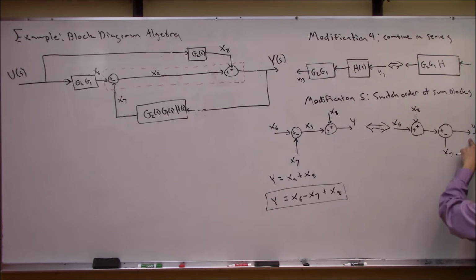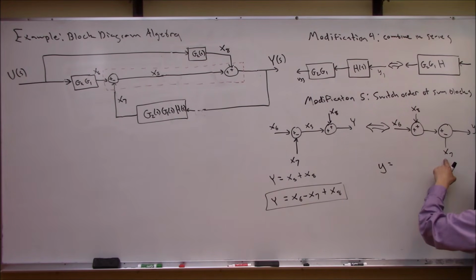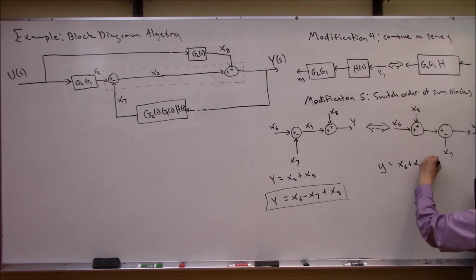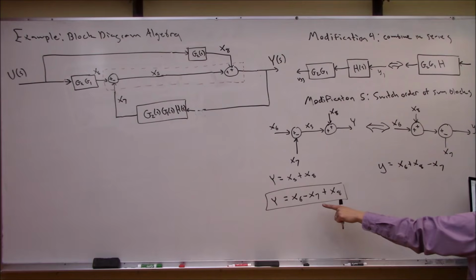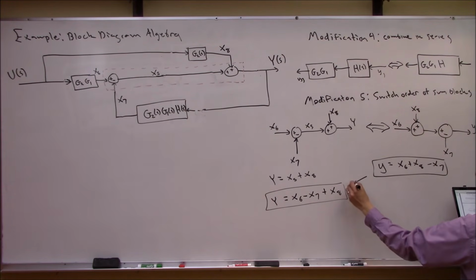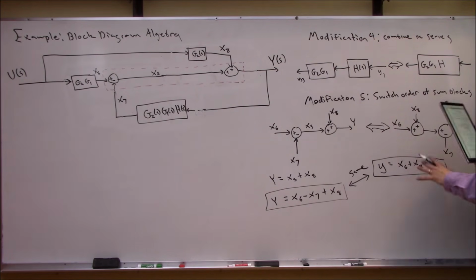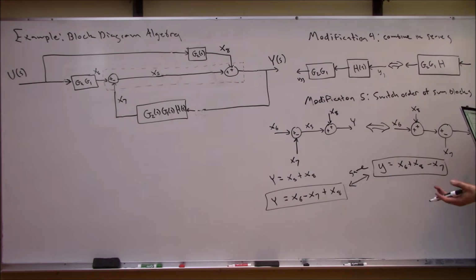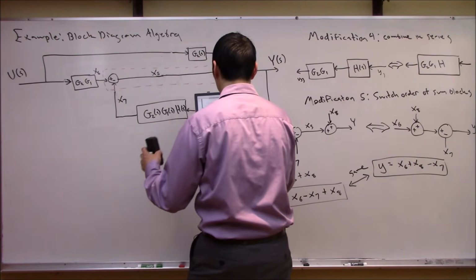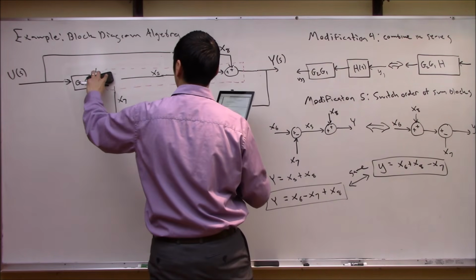On the right hand side, y is going to be this thing minus x7, and this thing right here is going to be x6 plus x8 minus x7, right? So if you look at this, these two are exactly the same thing. Okay, so it's kind of block diagram algebra, but really it's just redrawing the order of the sums. So what we can do over here is switch this thing to basically look like this. Let me switch this.